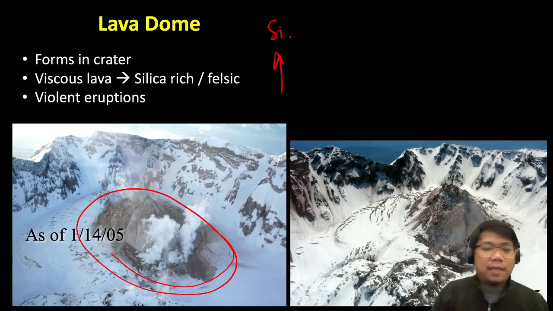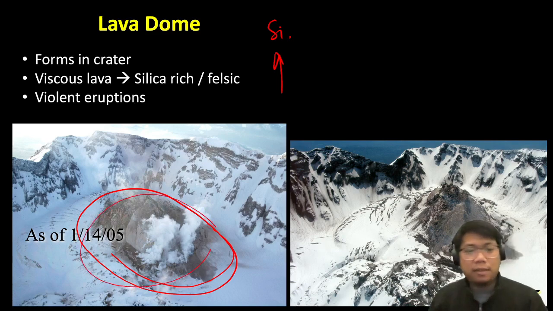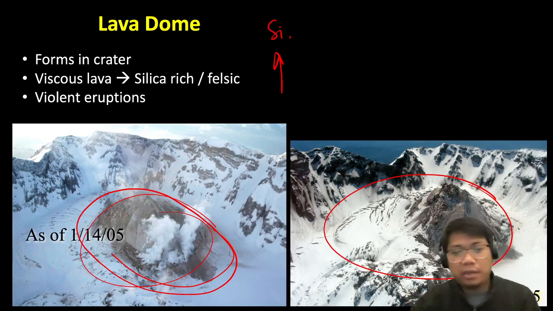And this could also lead to the escape of materials from the lava dome, or the explosion of the lava dome, once it cannot hold the pressure from the bottom anymore, then it will just explode, and it could lead to violent eruptions.